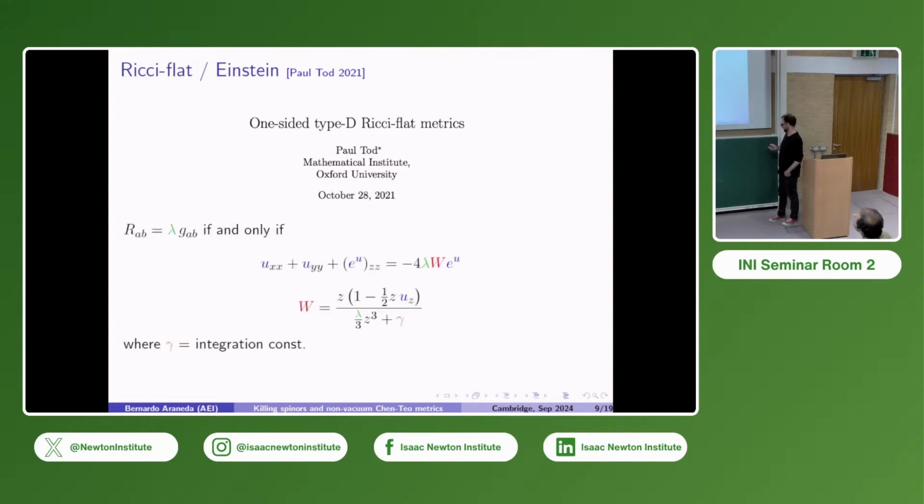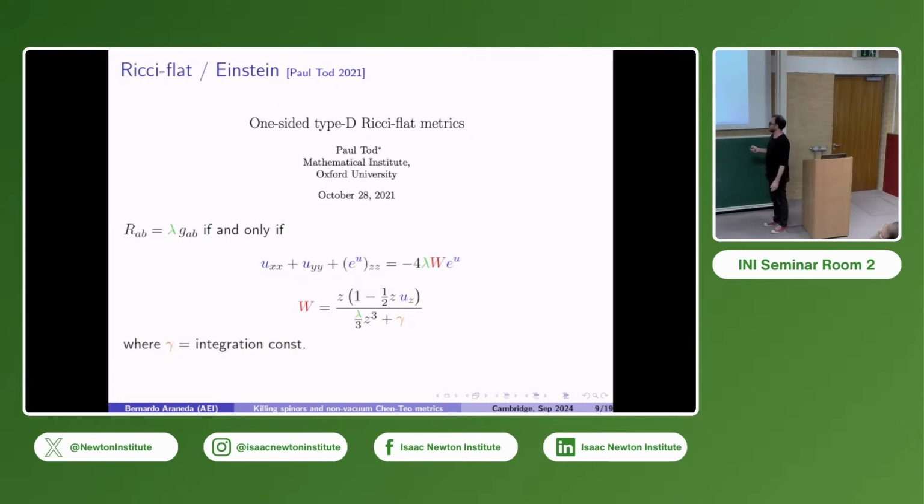And here, what Paul showed is that one-sided type D Ricci flat metrics imply that you have a Killing spinor and a Killing field. So all of what I said in the previous slide applies, but now you also impose a field equation, which is the Einstein condition.